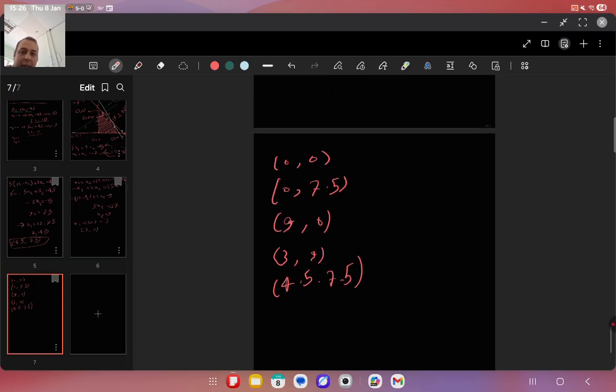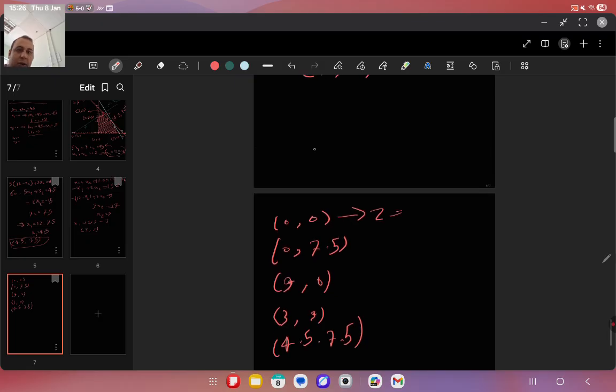So for each, now what should I do? For each I have to calculate the z. So what is z actually? Z was 10x1 plus 20x2. If I put 0 and 0, z becomes 0.